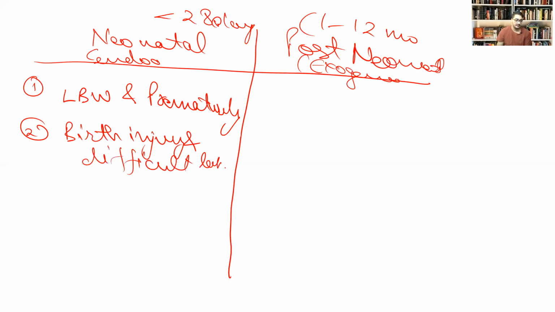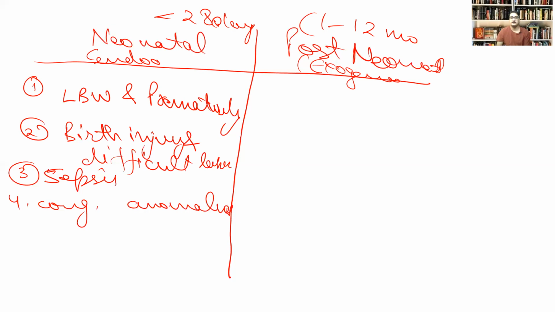Third cause is sepsis, infection. Fourth is congenital anomalies. So these, like low birth weight, are endogenous, and birth injuries, maternal infections. Sepsis also has some relation with TORCH infections and other things. Then congenital anomalies are there.